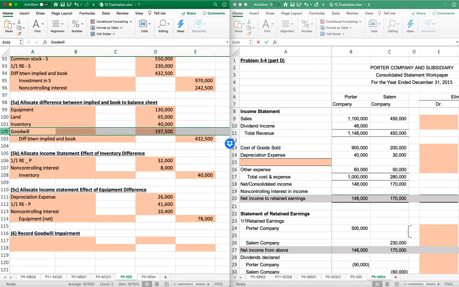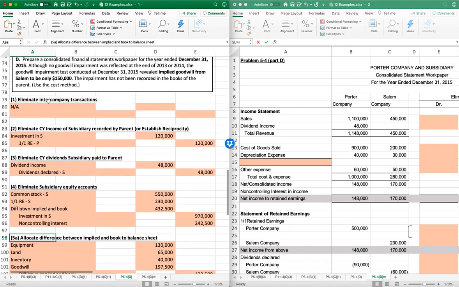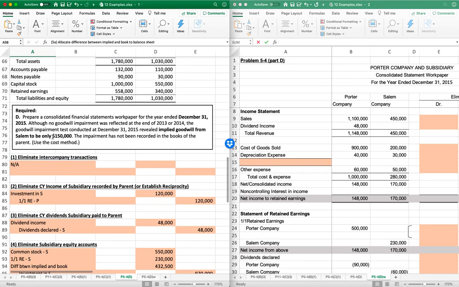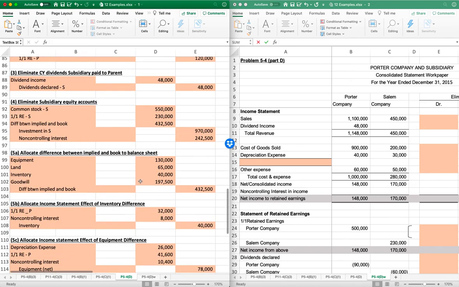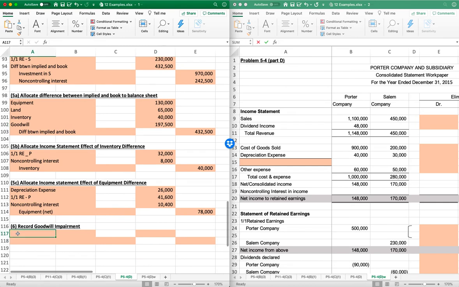Then finally, we have goodwill. And so goodwill, they told us, had been impaired because its fair value, or its implied value, is now only $150,000. So it's on the books for $197,500, which means we need to impair this. So we're going to record an impairment loss on our income statement, and we're going to reduce the amount of goodwill on the balance sheet.